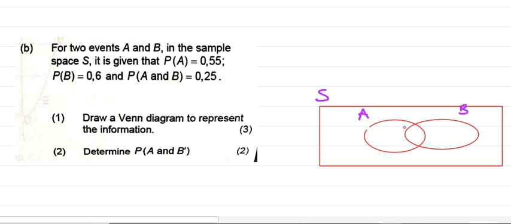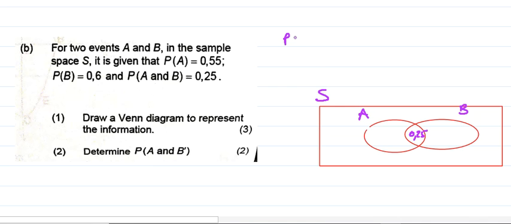As you see, we got started here. Now we would start with our intersection, which is 0.25. That's A and B. Now the probability of A, remember, is included when they tell us 0.55, it's including the intersection, which is 0.25.